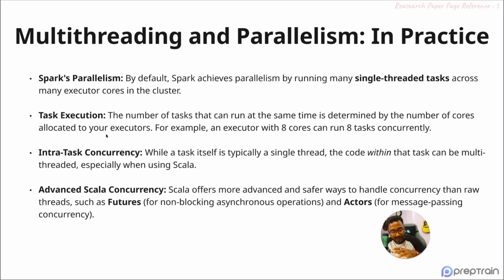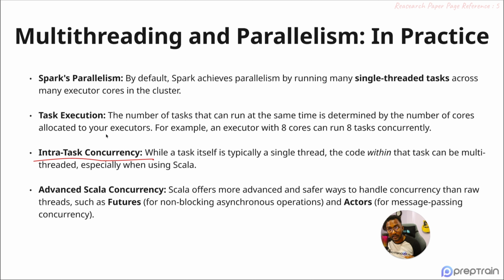If you have given 8 cores, it can run 8 tasks at the same time, each running in its own thread. This is the primary way Spark will scale, and it works the same for both Python and Scala. This parallelism comes from running many tasks concurrently, not from running one task in many threads.